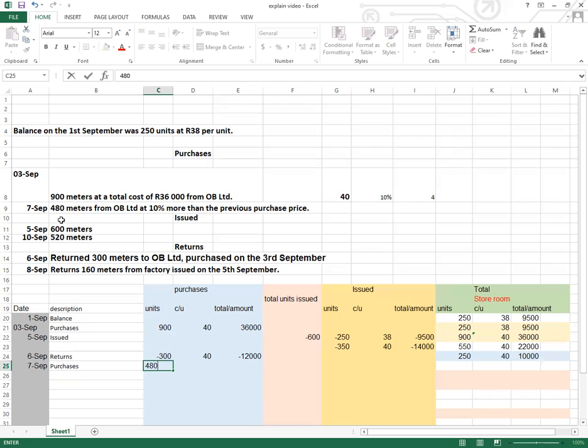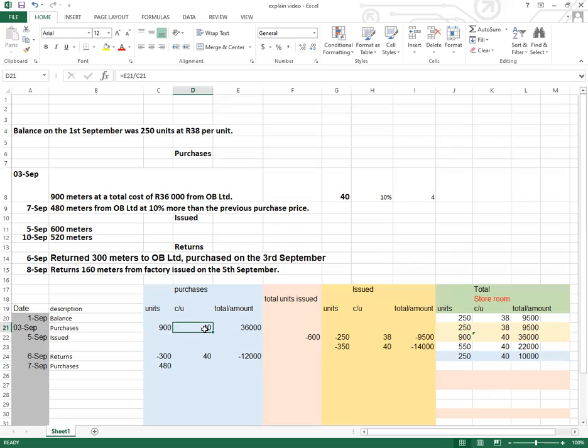Remember, 480 meter from OPLTT at 10% more than the previous purchases price issued. Ne? This one at how much? This one, guys, we purchased 900 units at 40 rand.